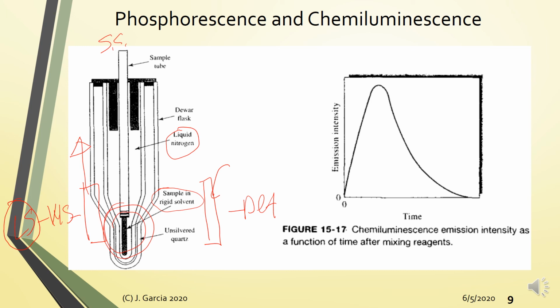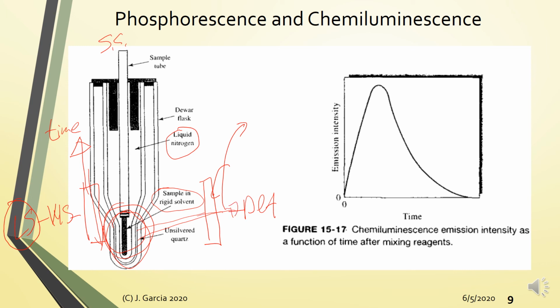Remember, with phosphorescence, you charge your sample with radiation, so you illuminate your sample for a certain period of time. Then afterwards you close shutter number 1 and open shutter number 2, and this will now allow your illuminated sample to emit phosphorescence, and that phosphorescence to be detected by the detector.